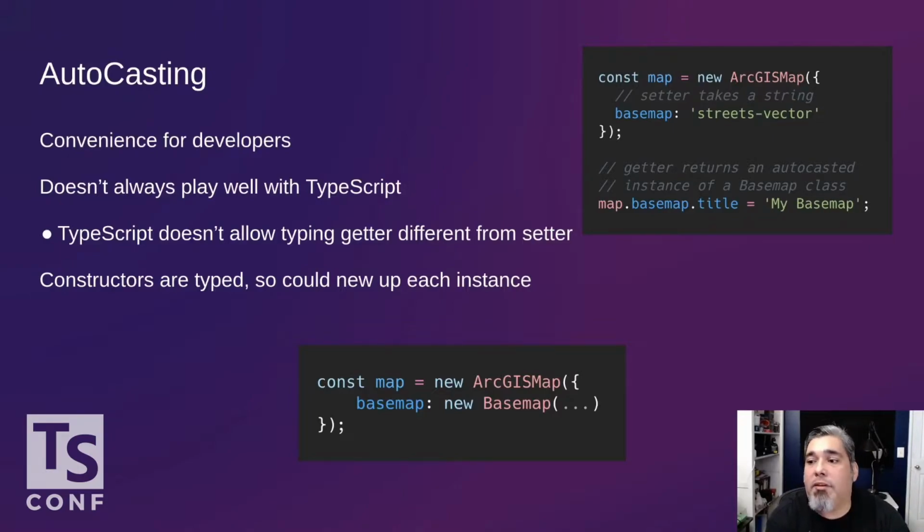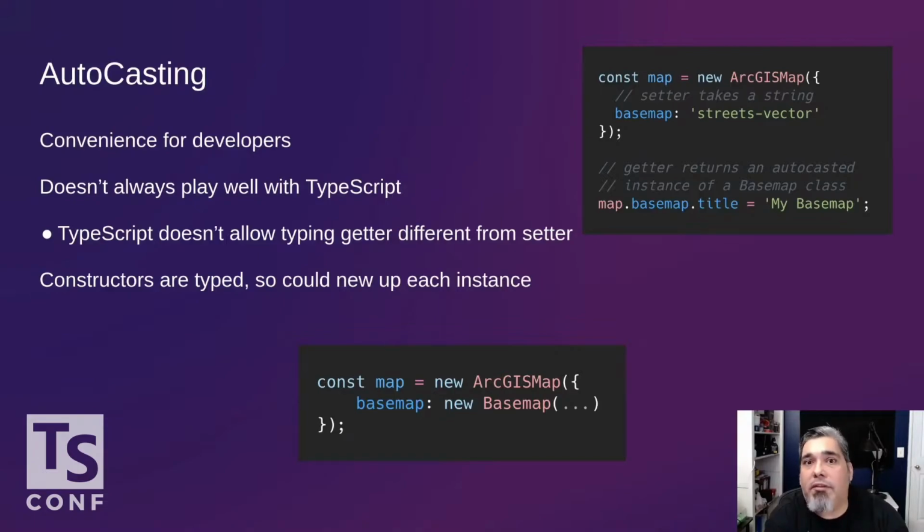And TypeScript doesn't allow typing your getters different from the setters. So it doesn't play all that well in some cases with TypeScript when you're newing up objects. If you new up a class and you pass in an object, there might be parts of the object TypeScript is going to complain about that are missing properties, because it's expecting the full-blown class to be sent to it.